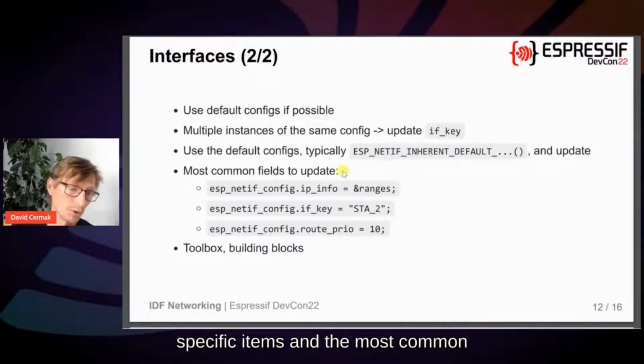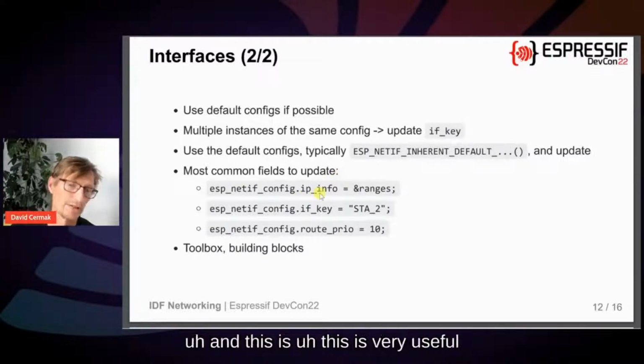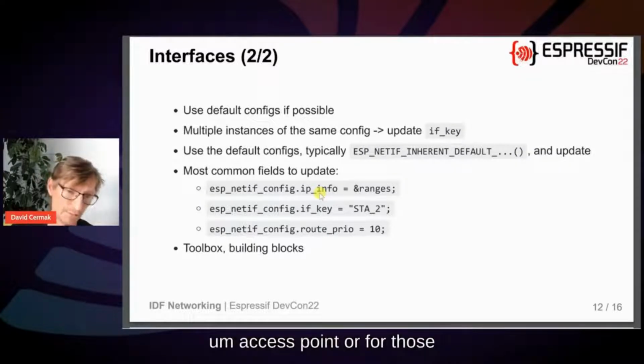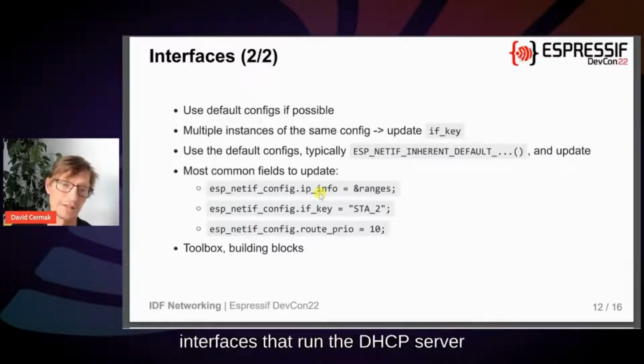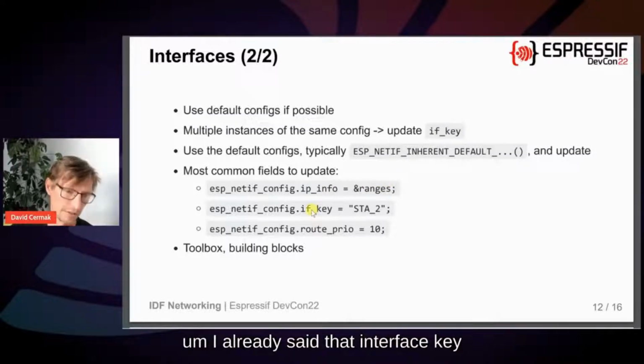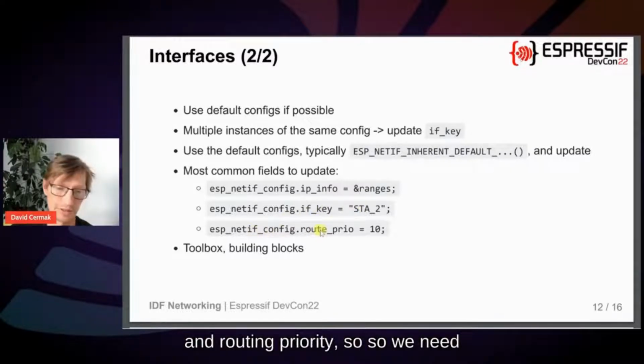The most common fields to update are the IP info. This is very useful for the access point, or for those interfaces that run the DHCP server, because here we can easily define ranges. I already said that the interface key needs to be unique, so we need to update that, and the routing priority.